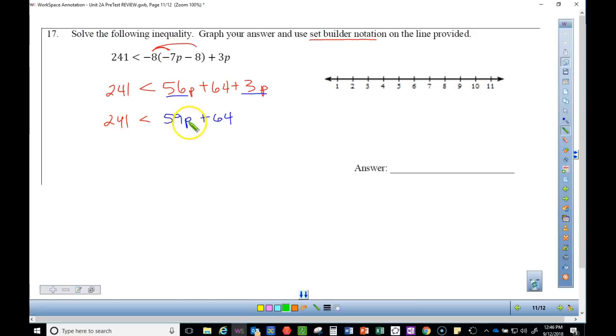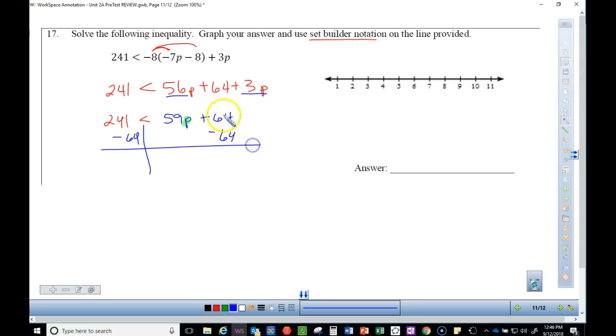So my p is here. So I'm going to want to get rid of the 64 on this side. So I'll minus 64, and I'll minus 64. Okay? So 241, take your time, minus 64, just going to give you 177. 177 is less than 59p.